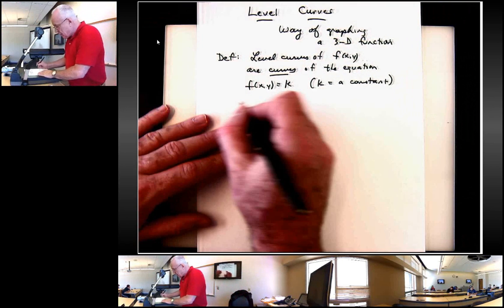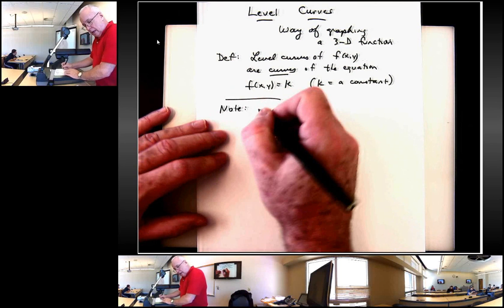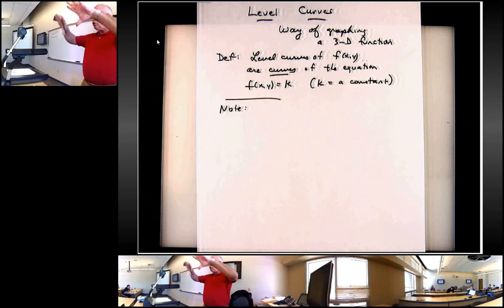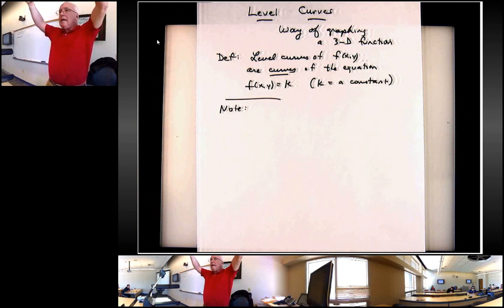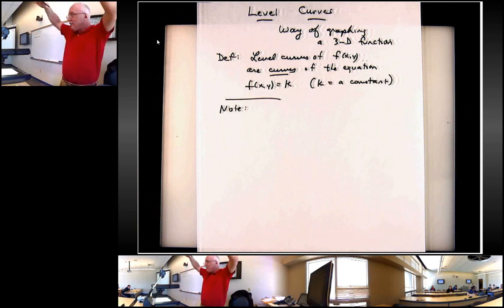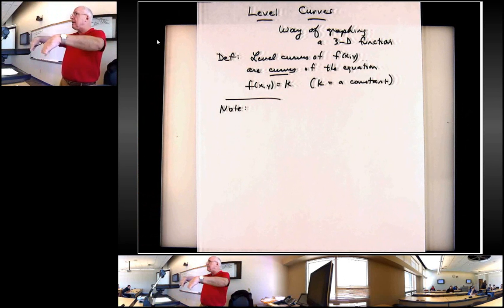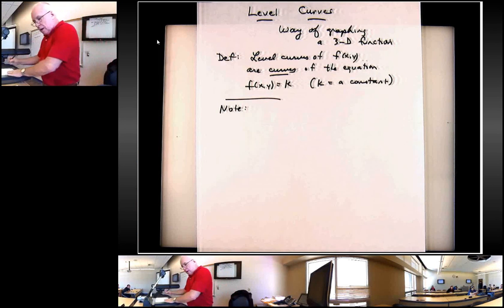Basically, one thing I want you to note is this. Level curves basically are just two-dimensional curves. They're as if you kind of smashed down your function in 3 dimensions and you left little curves where the function is the same value. So I'm going to say this.